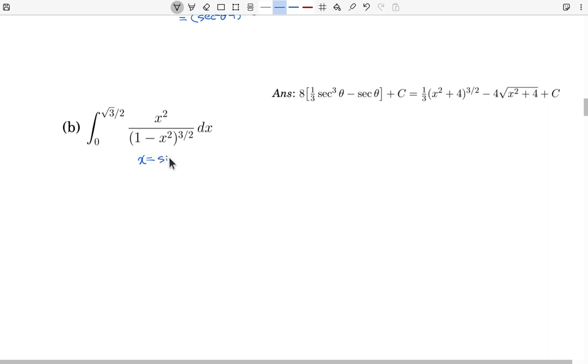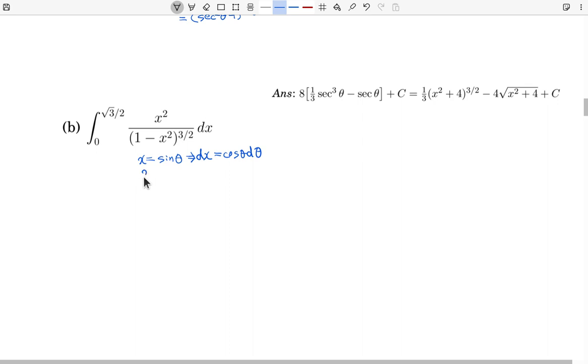Then dx must be cosine theta d theta. I'm sorry, I'm not familiar with this new software.